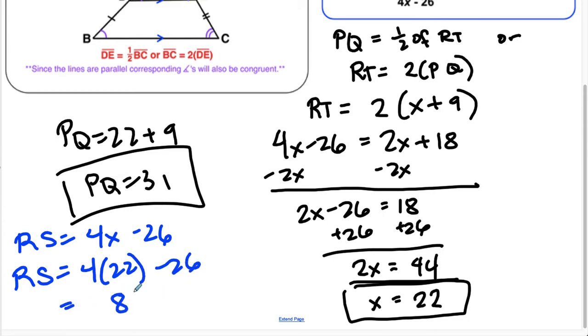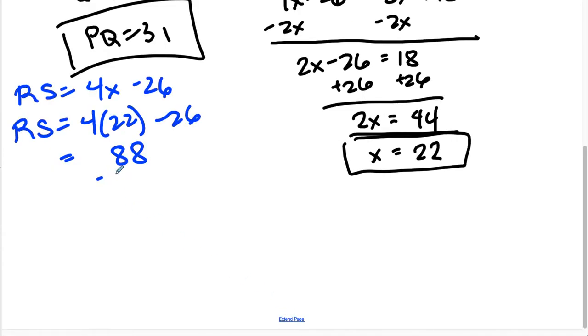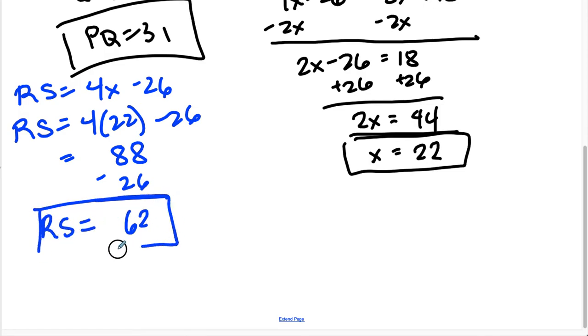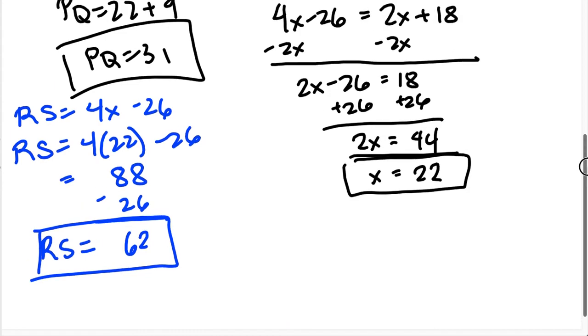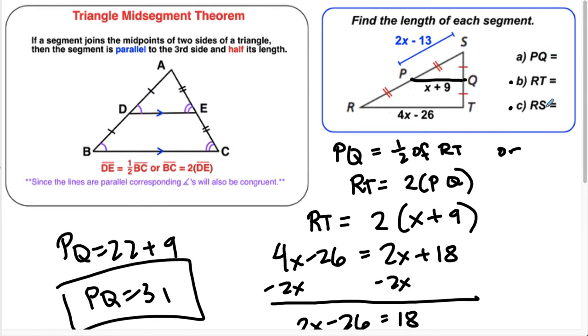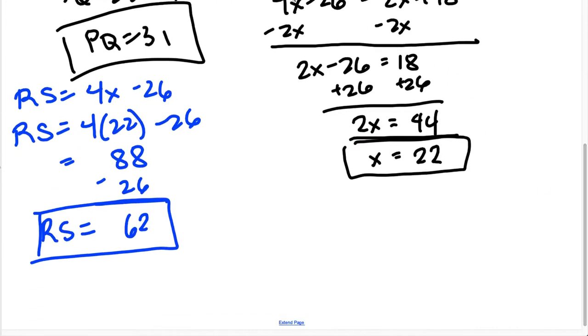And 4 times 22 is 88, and 88 minus 26 becomes 62. Okay, so again, RT is equal to 62. I hope you got that.